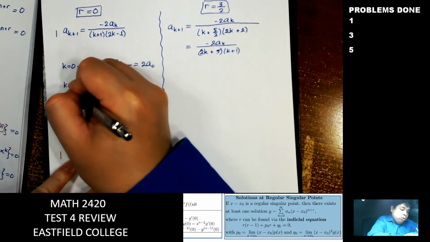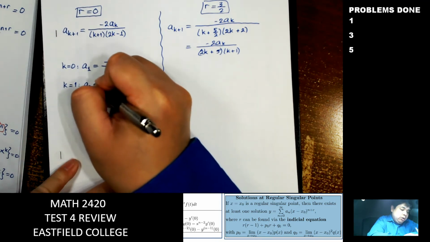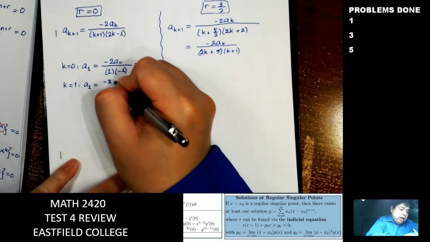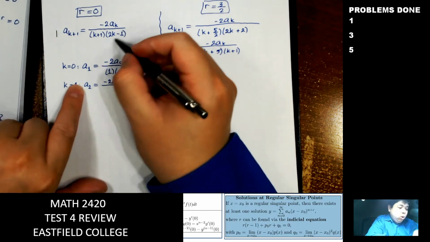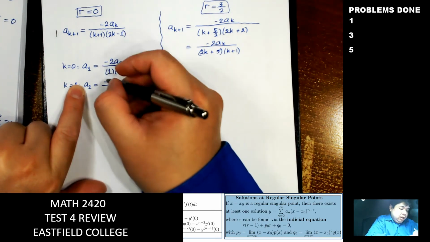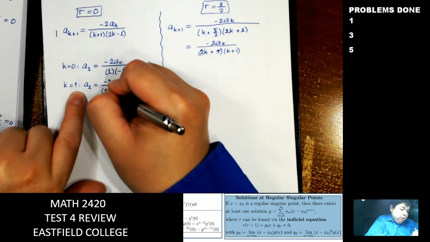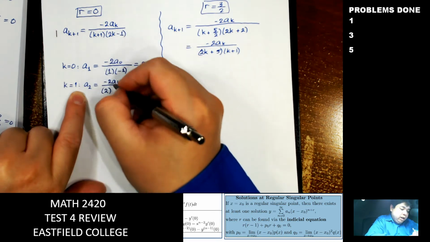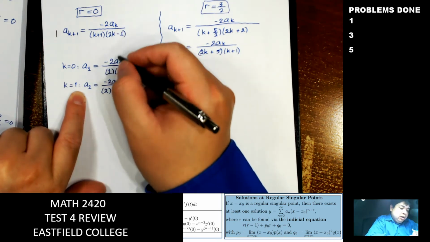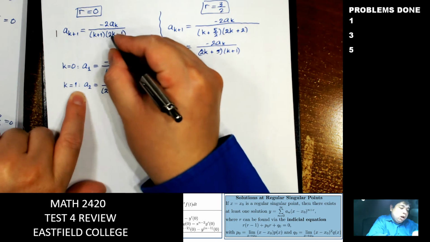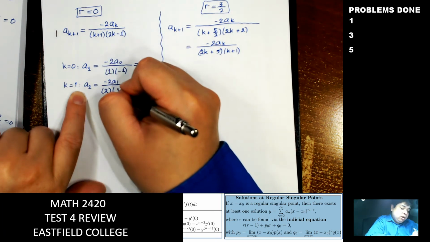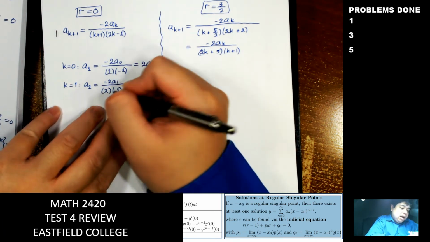Now k equal to 1, a2 equal to -2 a1. So we put 1 into k, and we have 2. 1 in for k. That is 2 times 1, 2 minus 1, so it's 1. So we cancel that out.